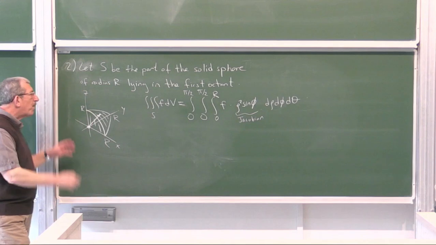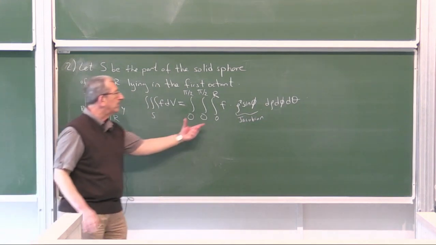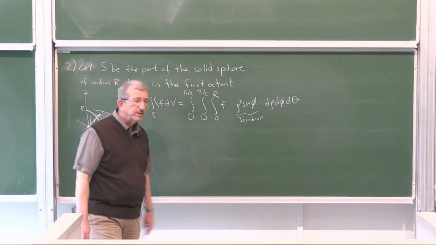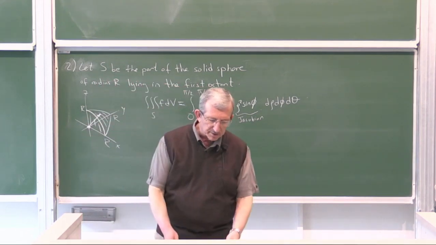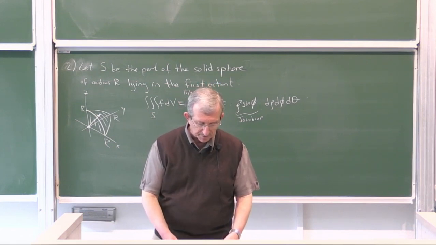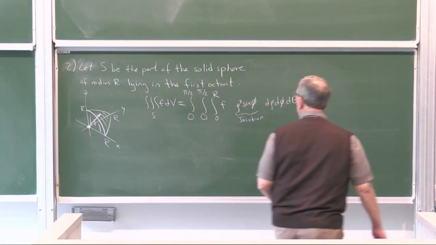So this part of the sphere is also mapped onto a rectangular box in spherical system. So, needless to say, the spherical system is good for spheres and parts of spheres. Okay, now let us go a little bit more complicated.